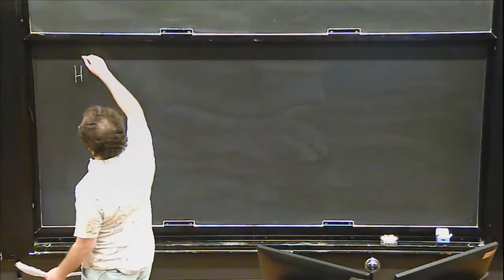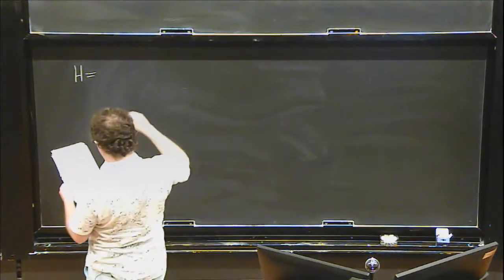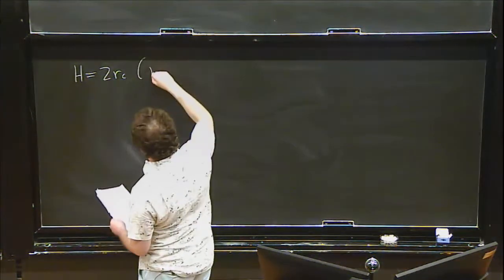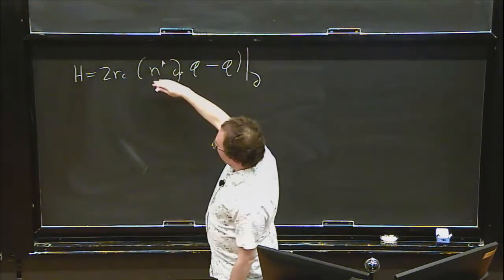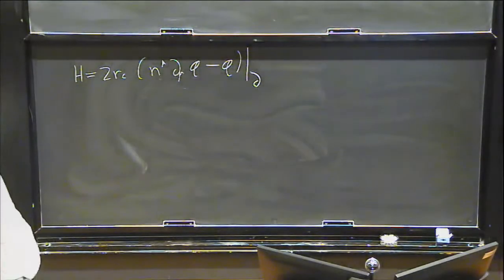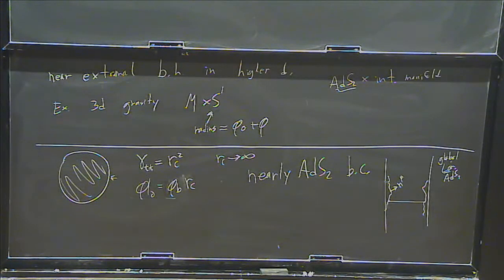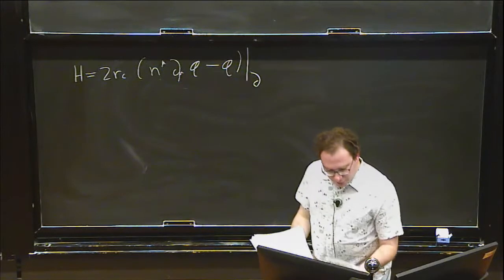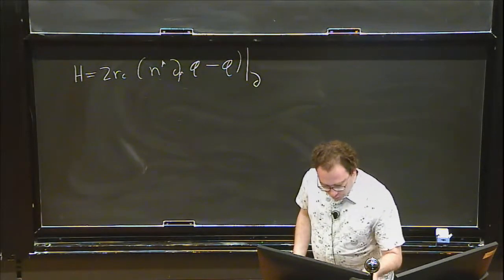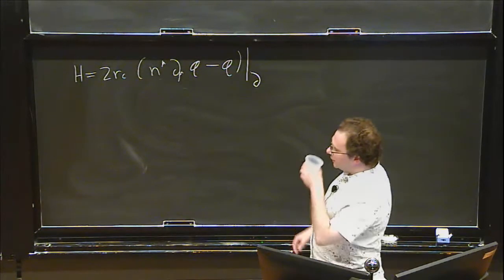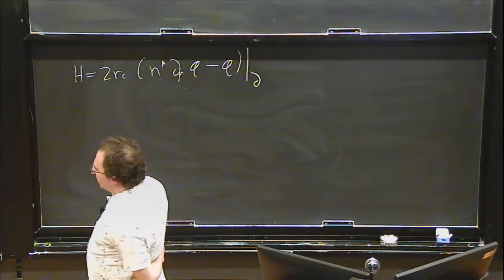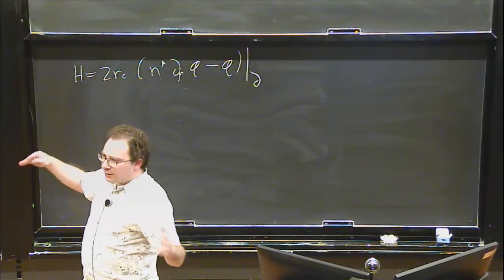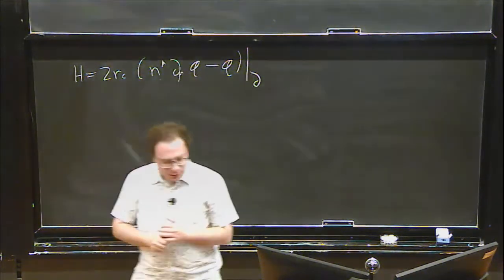We have some analog of the ADM Hamiltonian, which turns out to be given by the following expression, where n is the normal derivative to the boundary. Now, what do we do with this theory? It's pretty trivial, because we'll take R_C to infinity, but we can imagine R_C is extremely large, but not quite infinity, and take it to infinity at the end, if you like.